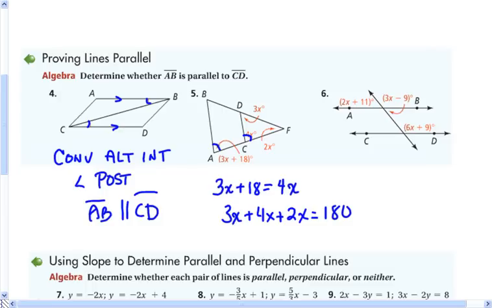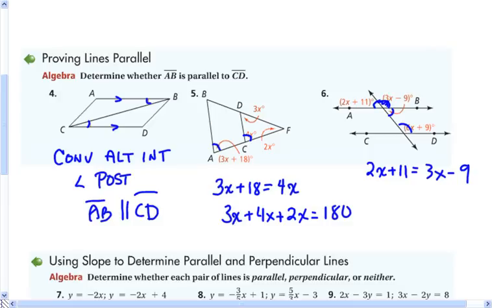And then the last one, if AB is parallel to CD, here we have some vertical angles. So 2x plus 11 must equal 3x minus 9. And at the same time, we have corresponding angles here. Whoops, sorry about that.